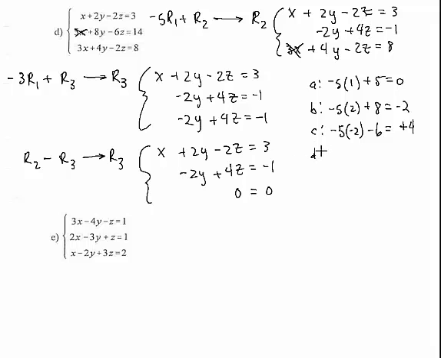And then for d, we had -5 times the 3 plus a 14, which gives me this -1. Alright, and the first and third equations stayed the same. We only replaced row 2.